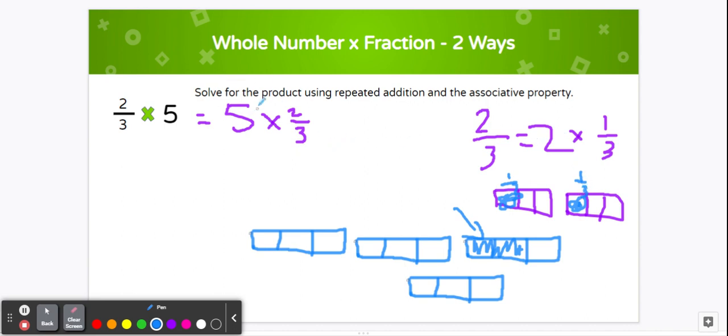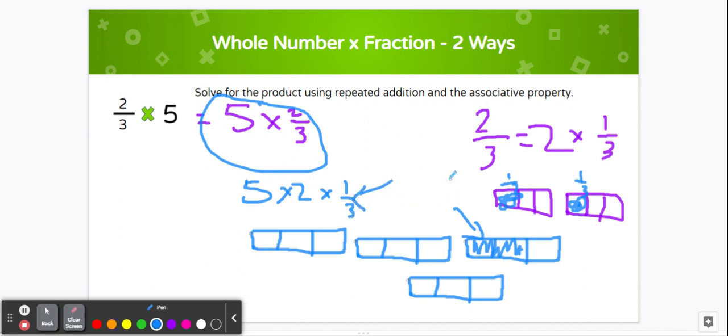So that means I can rewrite this question as 5 times 2 times 1/3. And this might be easier for us to look at because we're working with a unit fraction here. A 1 over something is just easier to multiply by 1 whenever we can get there. So we can solve this by just doing 5 times 2, right?